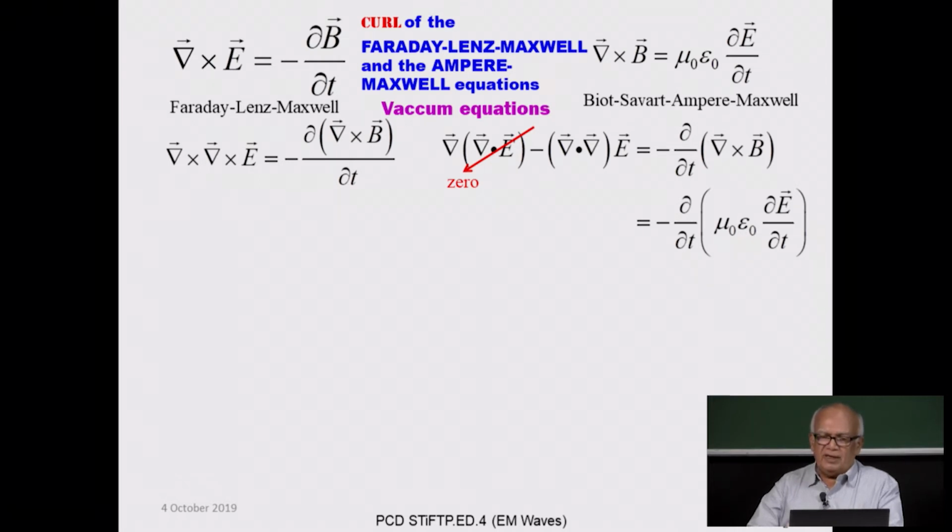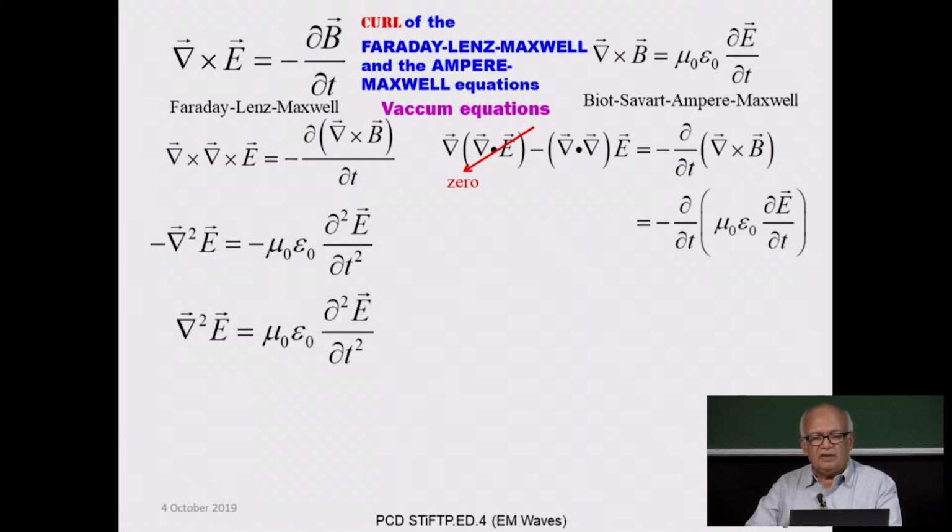So, put that in and now you have got a relationship between the space derivative of electric field and the time derivative of the electric field. The second order time derivative and the second order space derivative are related by this equation, which you recognize is the wave equation.